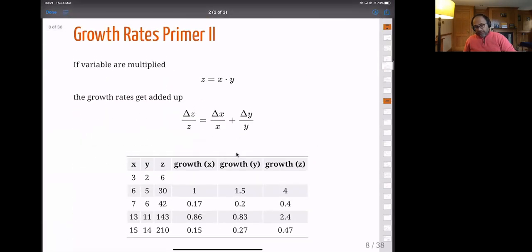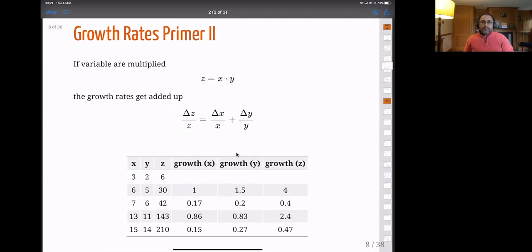Now, this may be slightly less obvious. If two variables are multiplied, then the simple formula is that the growth rates are added up, right?